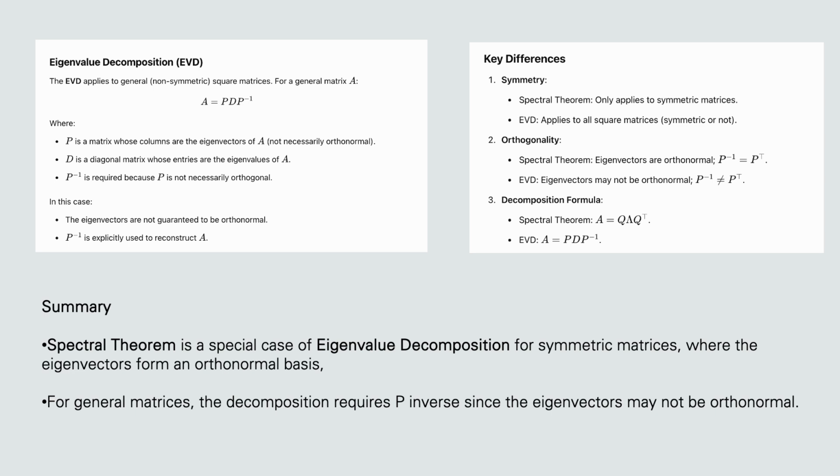We need the inverse in EVD because P is not necessarily orthogonal here, whereas in the spectral theorem it is orthogonal, so that's why we do the transpose. That's the major difference, as you can see from the slide.